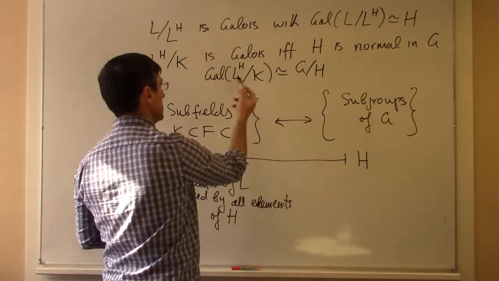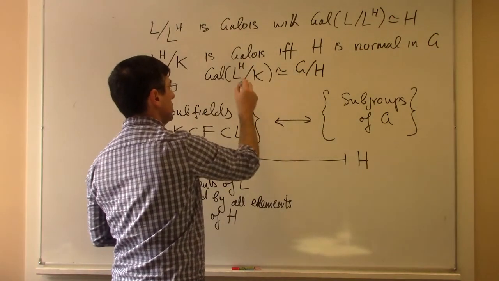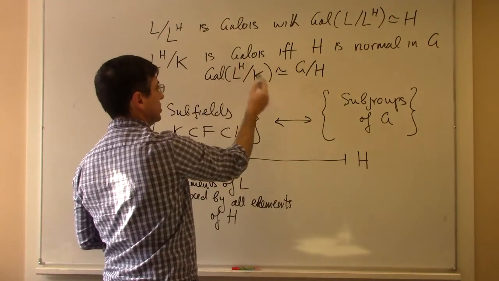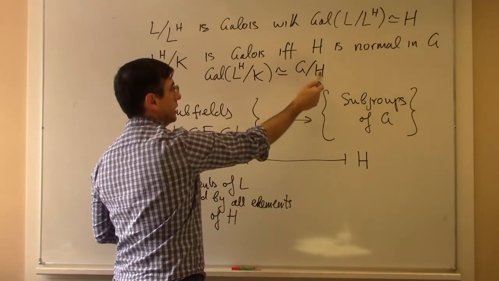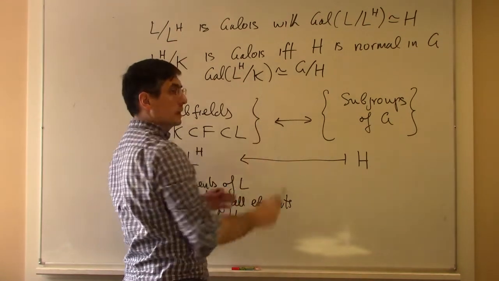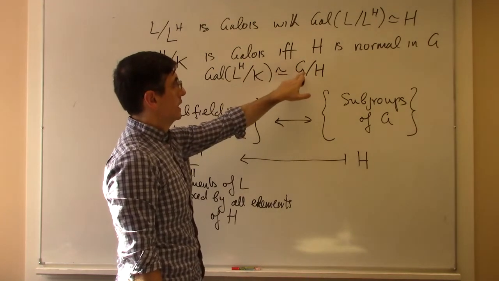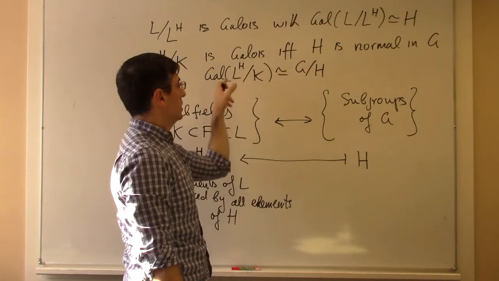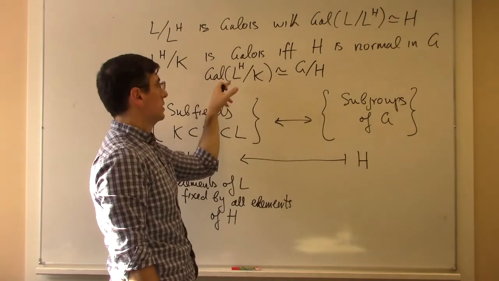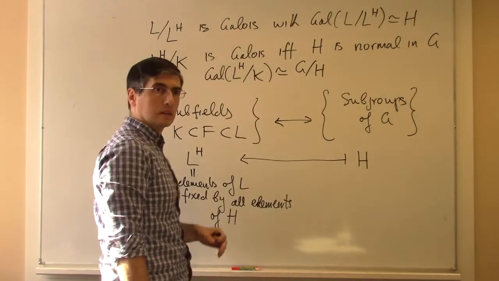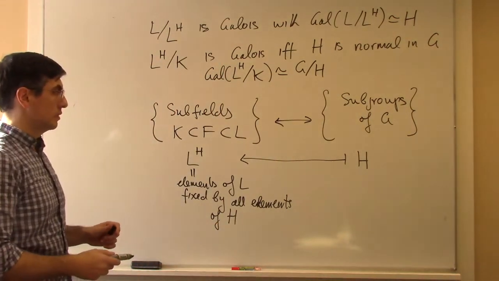Here you simply take an element of G and restrict it to L_H. Any element of H acts trivially, so it's in the kernel, and then you get a map from G mod H into this group, and the statement is that this is an isomorphism.